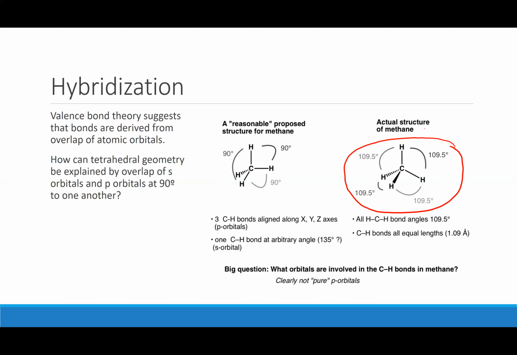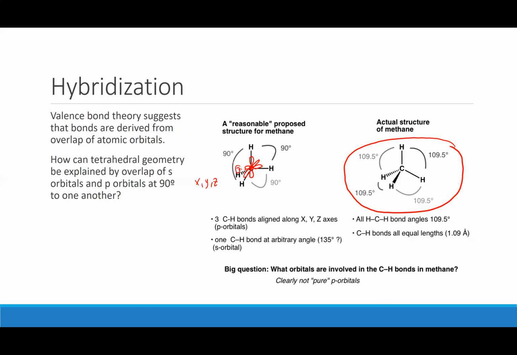However, if you originally just thought about carbon making bonds using its natural s and p orbitals, you might think that it would form bonds along the p orbital directions, so the x, y, and z positions of the p orbitals, and then maybe have some other bond using its s orbital.